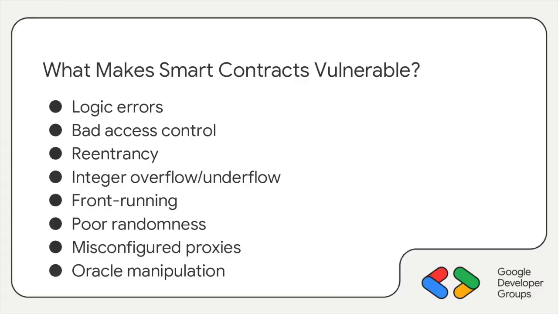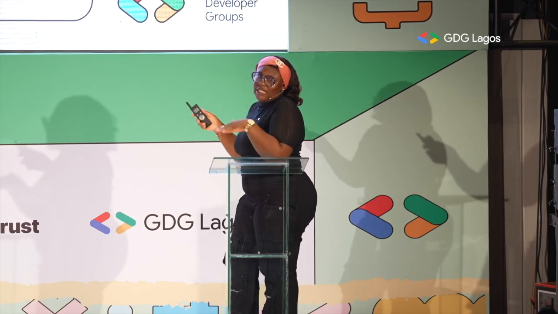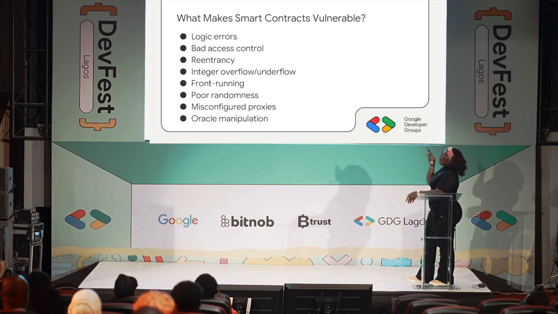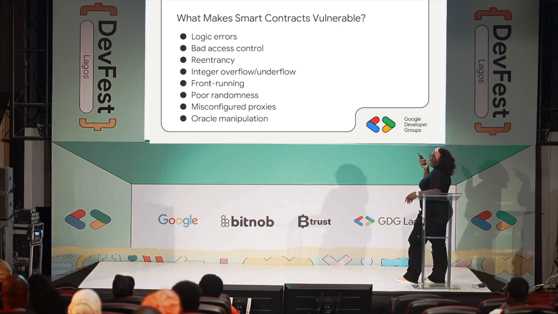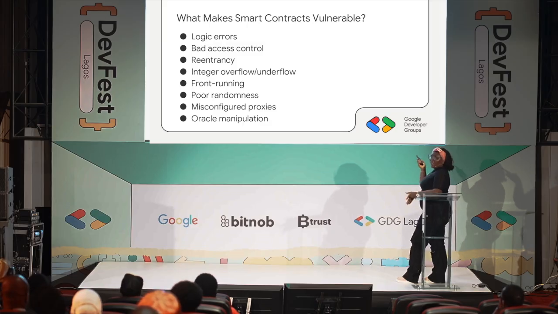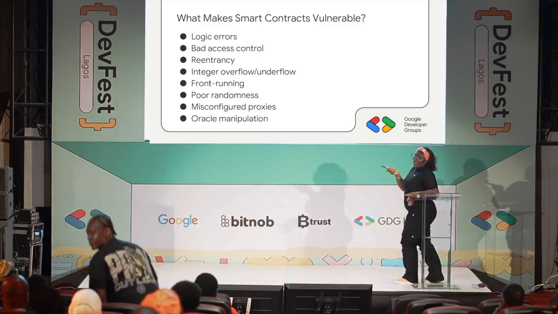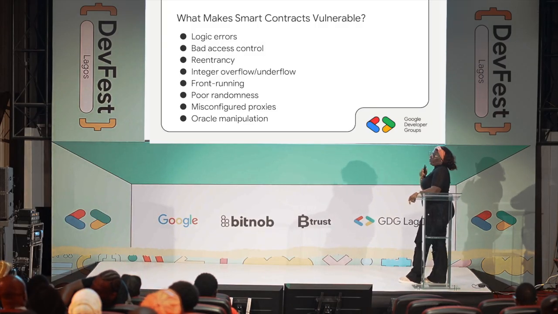Why are they able to do all of these things? Because we say, oh, blockchain is safe, it's decentralized, and all of that. We've packaged it so much on Twitter. Yes, all those are true. But what makes it vulnerable is some of these points we have here. It could be logical errors. For example, a code error in even a single line of code can cause harm to your contract or your protocol.